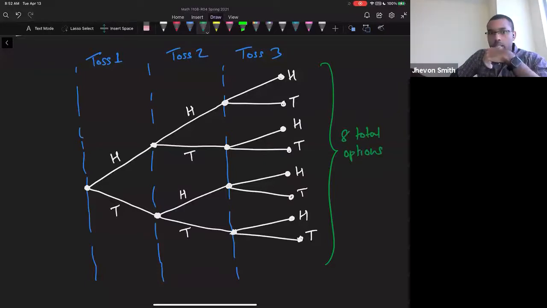You can figure that out just by drawing the tree diagram. You didn't even have to think about the multiplication rule, even though it still applies. There are 8 edges at the end. So now I know I have 8 total options.